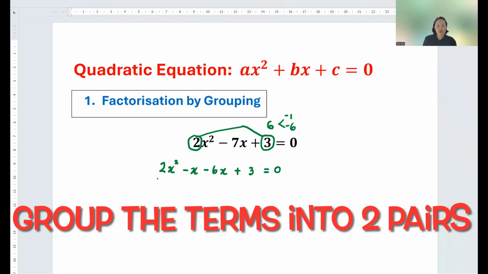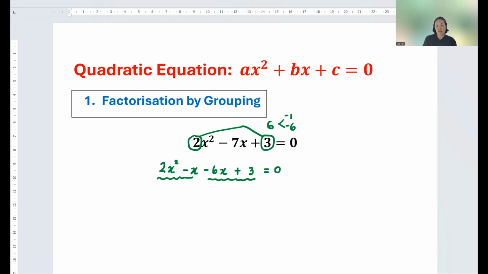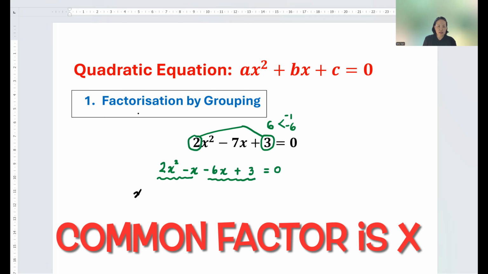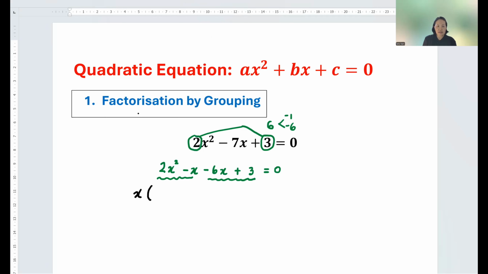Then I'm going to group this into 2 factors. Let's look at the first group, 2x squared minus x. What's a common factor? It's x. So I'm going to take the x out, and I have 2x left and then minus 1.